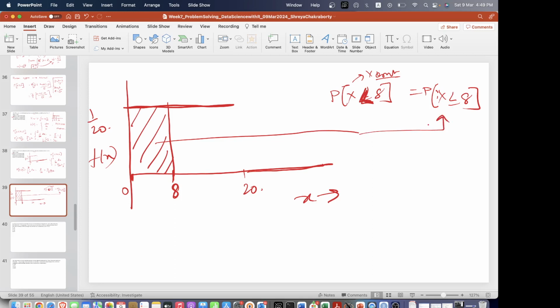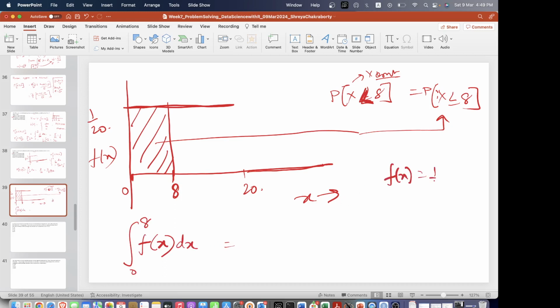So here this is the shape of a rectangle. We can do 8 minus 0, 8 into 1 by 20, and readily we can get the answer. But generally how we should write, we are integrating fx from 0 to 8, fx dx. So fx is how much here?